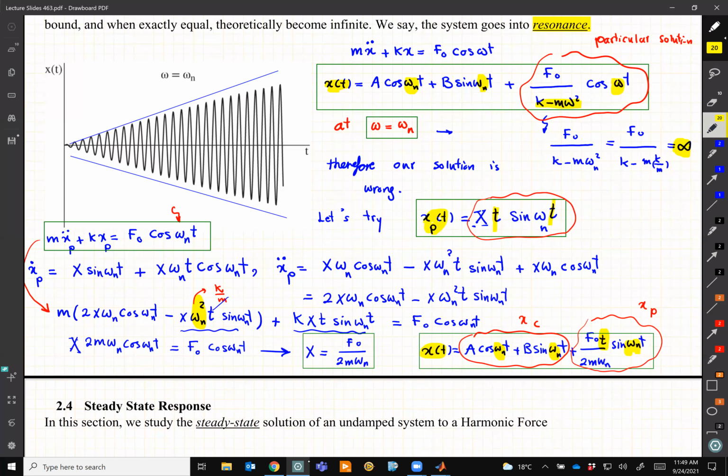Mathematically, it's not correct. We try this x t sine omega n t. We substitute it, simplify it, and this is what we ended up with: one wave with the frequency of omega n, right? But it has this t, and this t is making the trouble because as time increases, the amplitude keeps increasing. And this ends up as resonance.